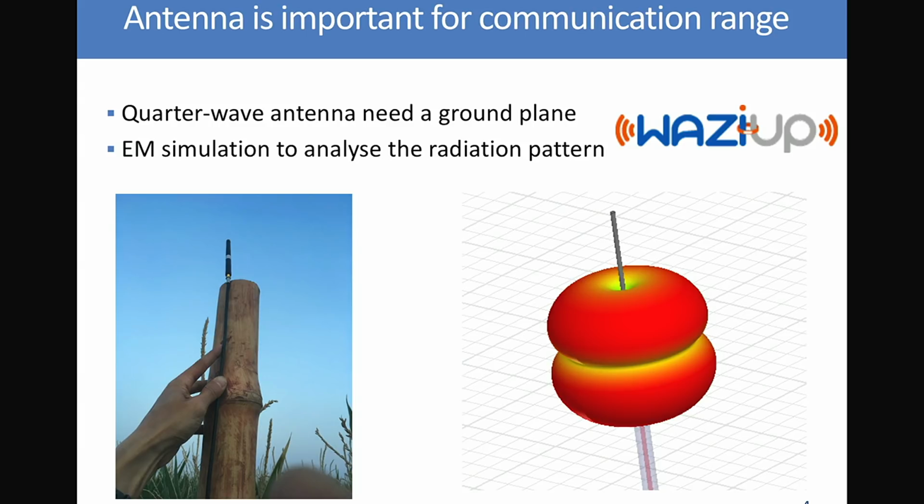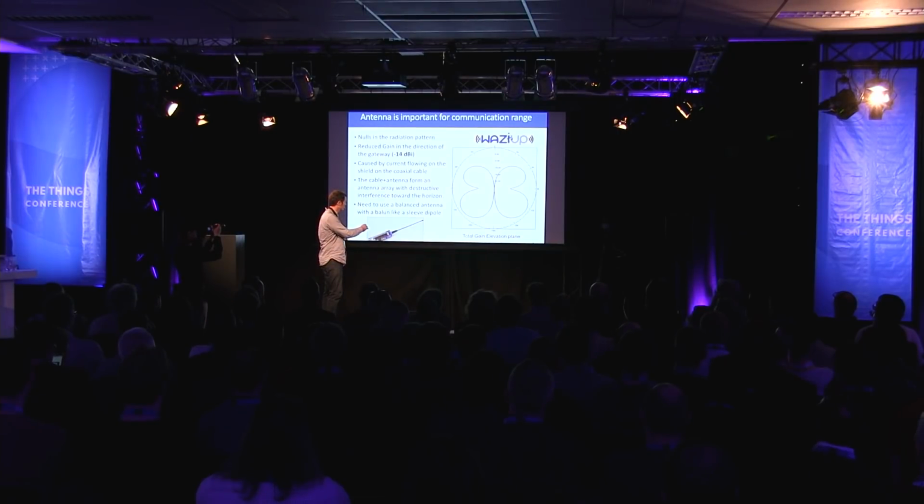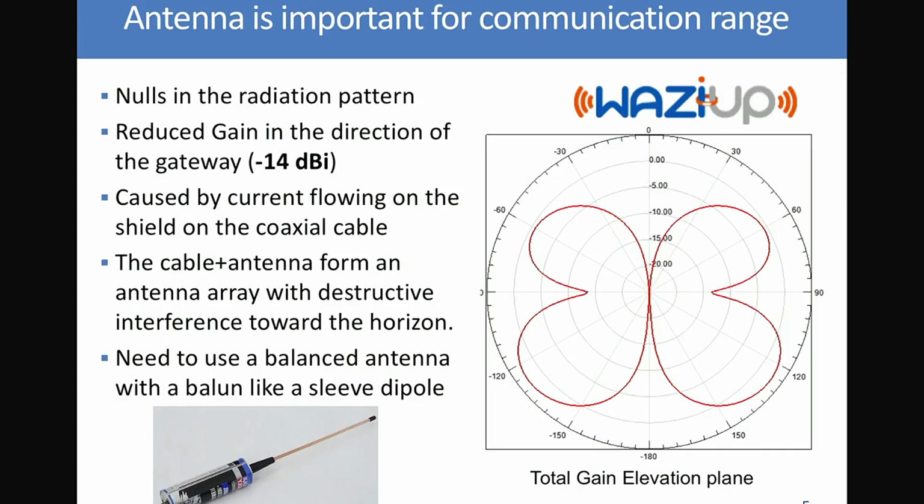And to explain what's happening in this case, I did an electromagnetic simulation. So you can see here the radiation pattern you get if you simulate a quarter wave antenna with a cable. And you see that it's really not what you want. Usually a dipole has a strong pattern toward the horizon. And here, if we look at a cut, you see you have some, okay, not working so well, but you have a null that appears in the horizon direction.